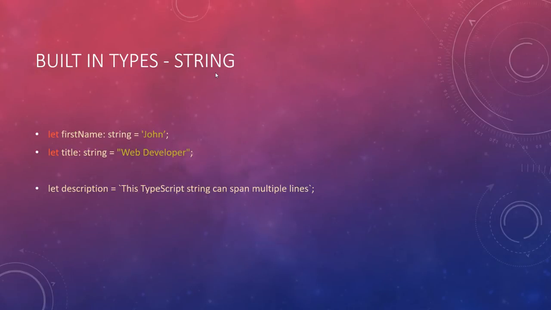Just below that, there is a description declared with backticks. There are different string methods also available, which may be charAt, concat, replace, split, etc. You can check the other methods on the web too.